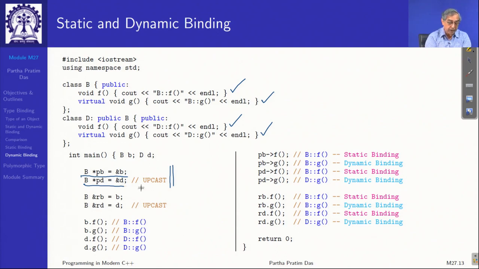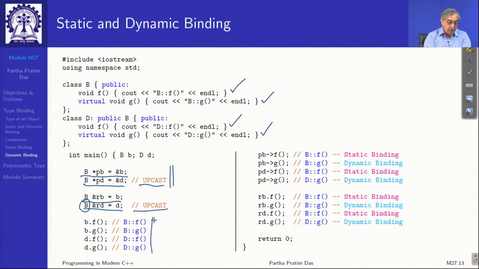So, there is an upcast involved here. Similarly, just to illustrate the same mechanism can be done for reference, I have also created two references. One is a reference to the object B and the other is a reference to object D, but the reference is of type B, base class type, again an upcast.